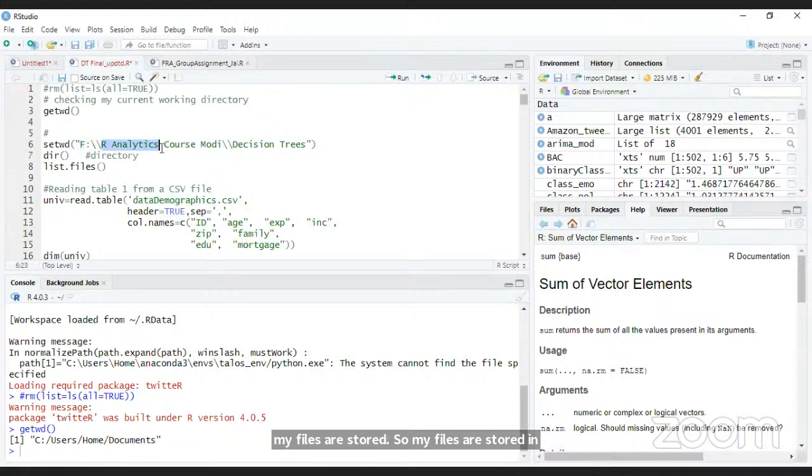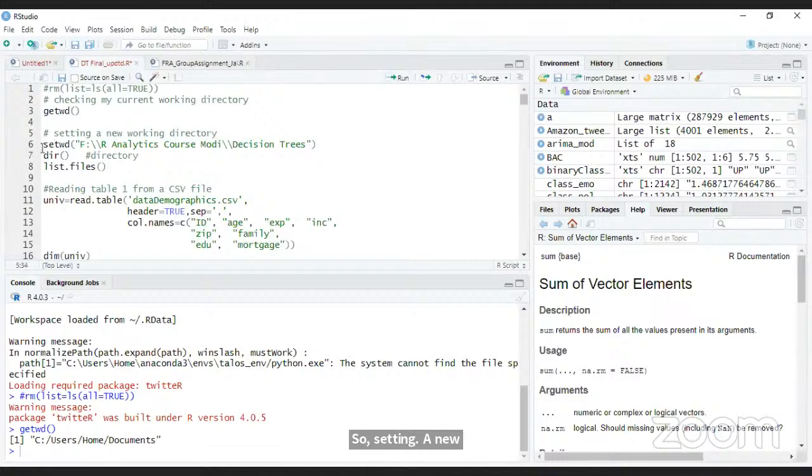In that I have something called R analytics course modified folder. In that I have a subfolder with trees, that is decision trees. In this I have all the files. So now I should set a new working directory.